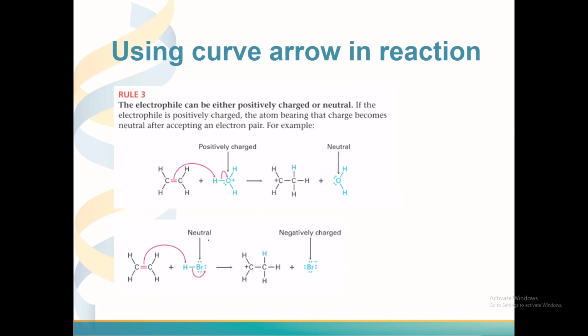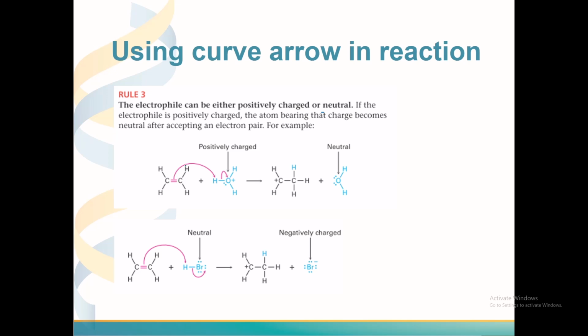The third rule is that the electrophile can be either positively charged or neutral. If the electrophile is already positively charged, the atom bearing that charge becomes neutral after accepting an electron pair. Here, for example, this hydronium ion is positively charged.